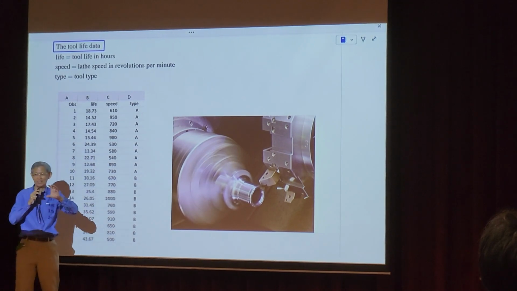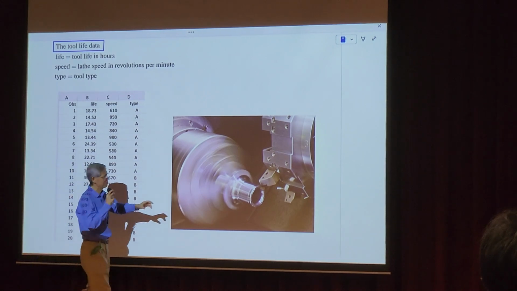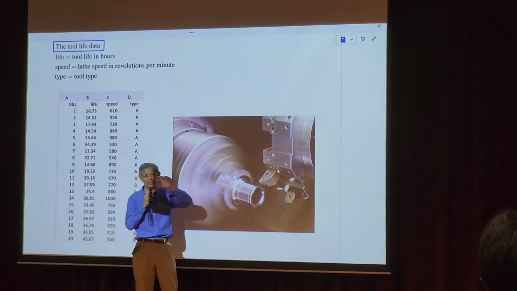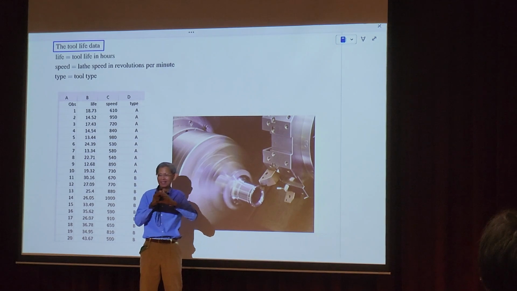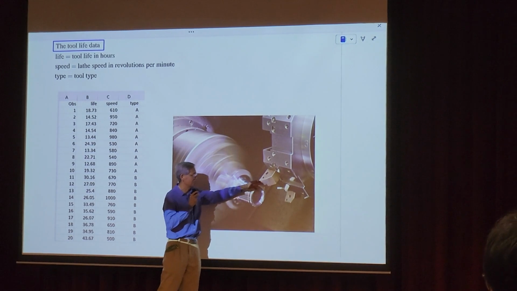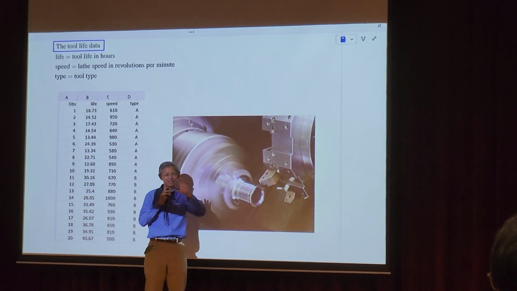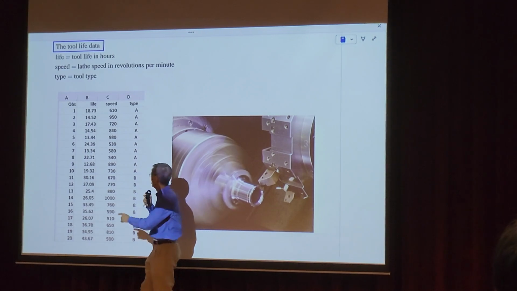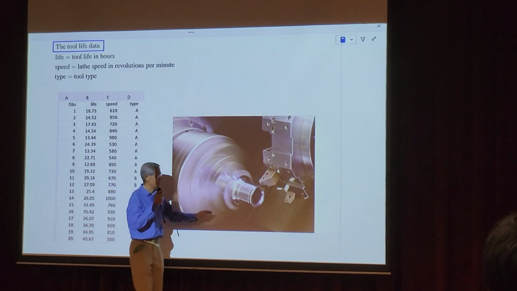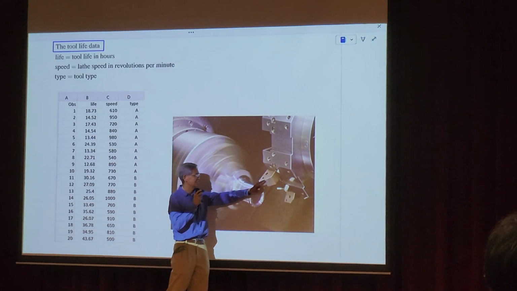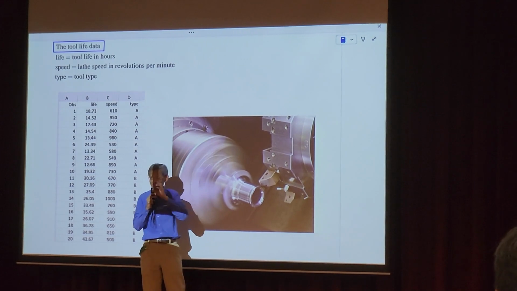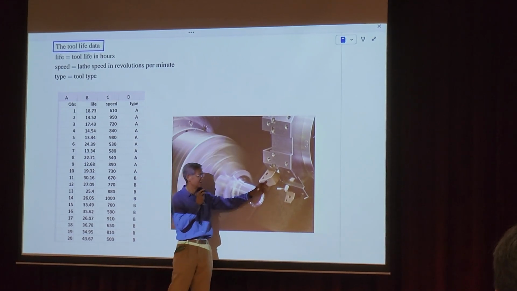Of course, the faster you turn, there will be more friction between these two, and so the life will get shorter. One thing we know for sure: if I increase the speed, no matter what type of tool I use, the lifetime of the tool will get shorter. And of course, the lifetime of this tool depends not just on the speed, but also on what kind of material you use.